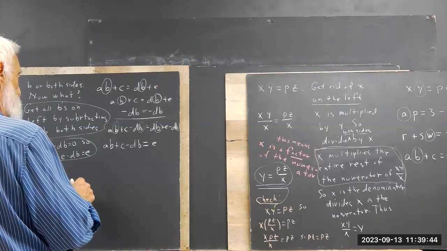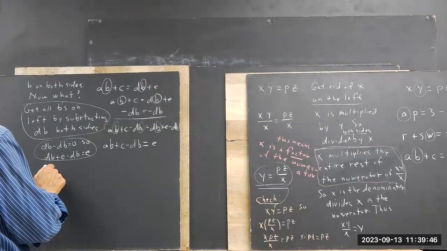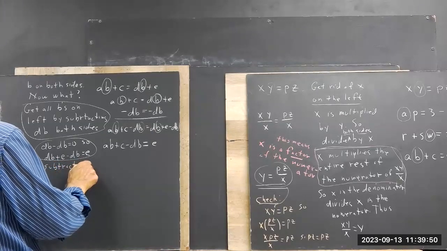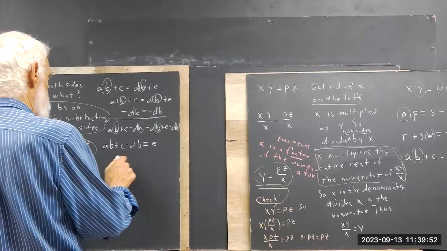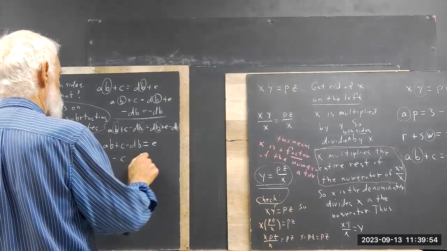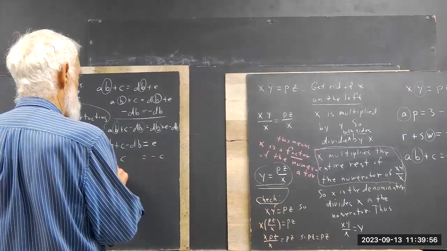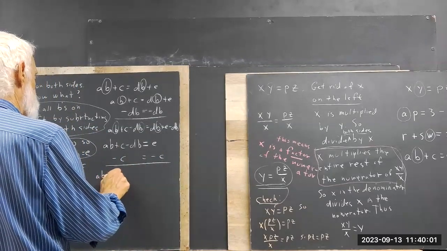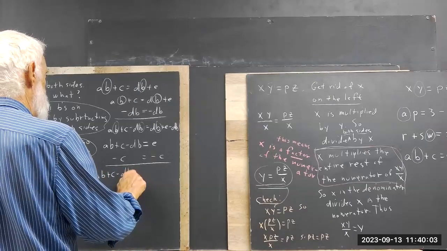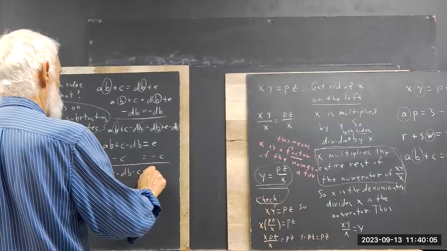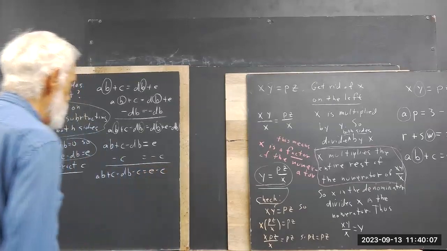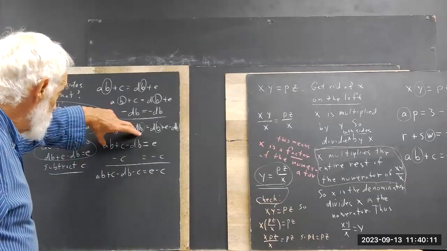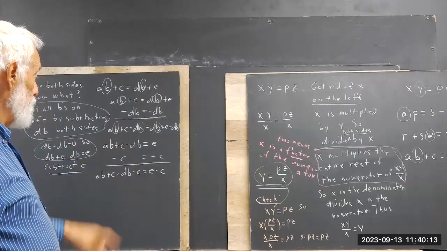So we subtract C. So we'll do minus C equals minus C. We write it out, AB plus C minus dB minus C equals E minus C. We don't do anything but just write out this side and tack a minus C on it.